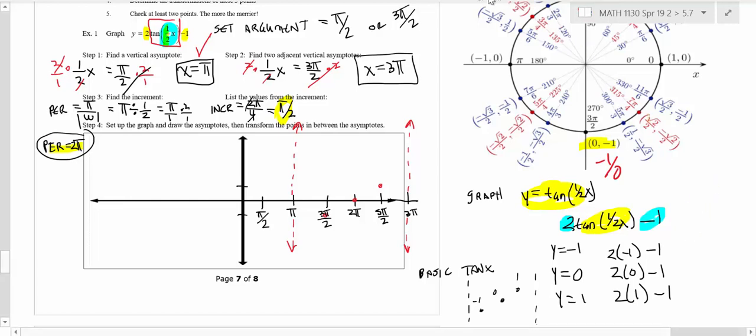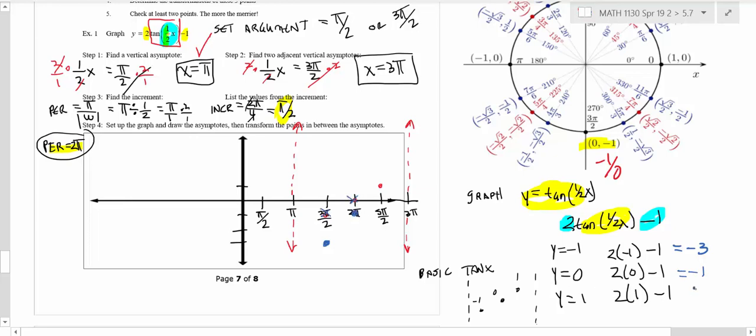So this would give you -3. This point right here that starts at -1 is going to go down now to -3, so I put the final dot right there. This one is -1, so that dot now moves to -1.